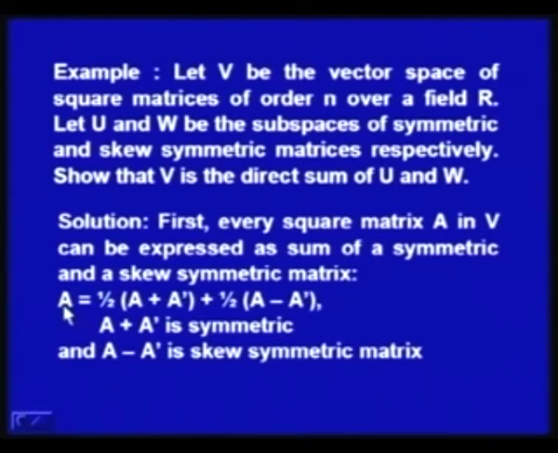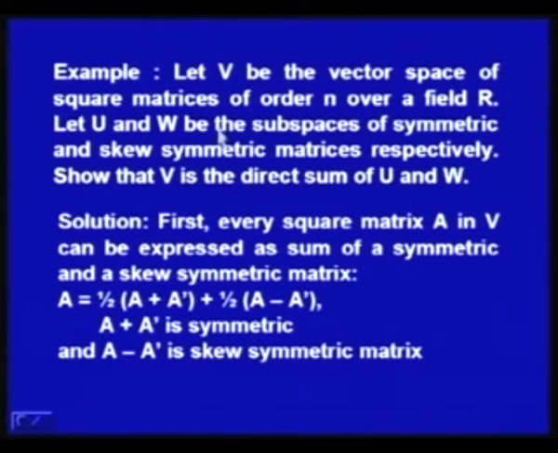We can write A as half (A plus A transpose) plus half (A minus A transpose). We have established that A plus A transpose is symmetric, while A minus A transpose is skew symmetric. So, matrix A in V can be expressed as a sum of a symmetric and a skew symmetric matrix.